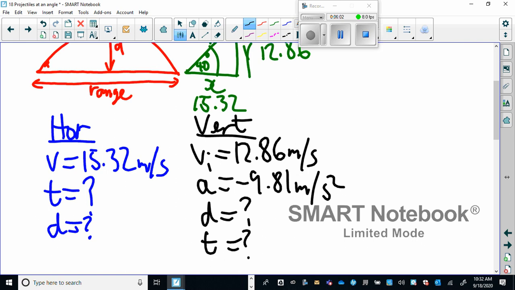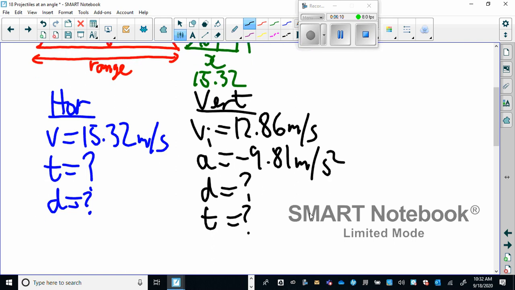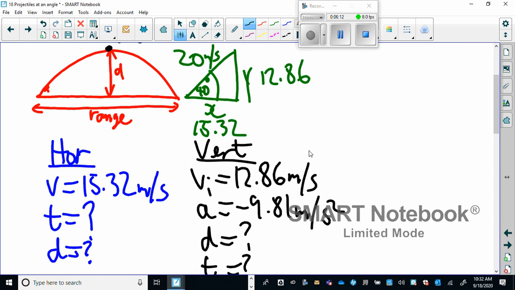And we don't have the time. Now, do we have the final velocity? That is one of the interesting parts of this question. Yes, we do, but there are two different answers. At this point, right here, the vertical velocity is negative 12.86.